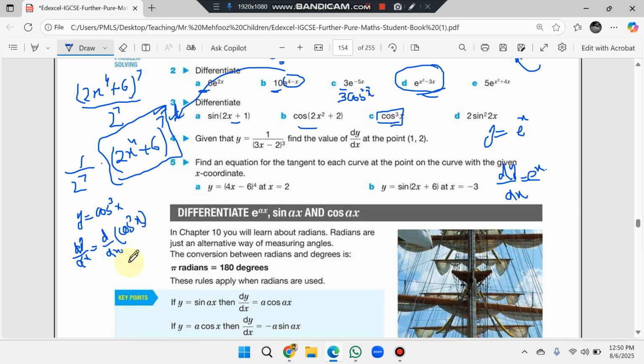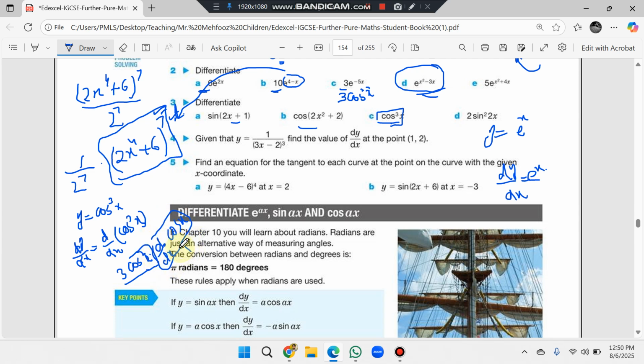After that, when we apply the power rule, the power goes to the front. It becomes 3 cos square x, and also the derivative of cos x. This is also the chain rule. So now this is as it is. And what is the derivative of cos x?